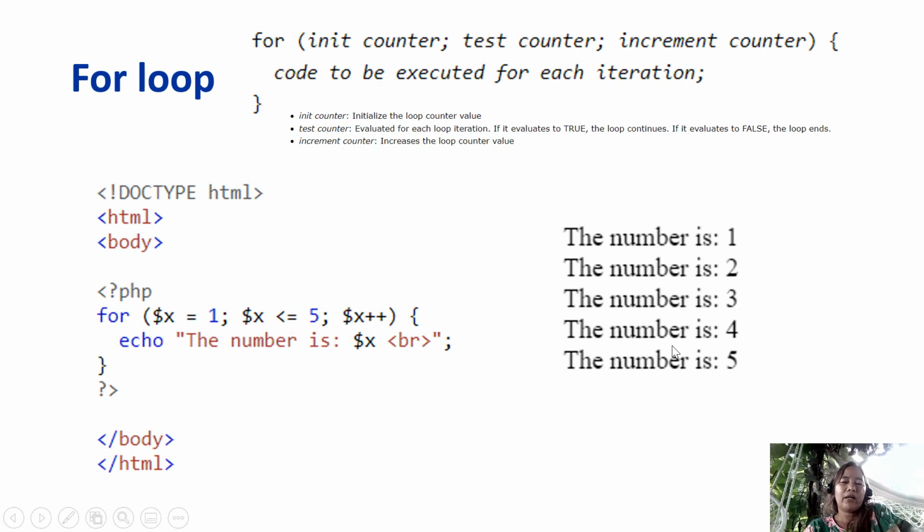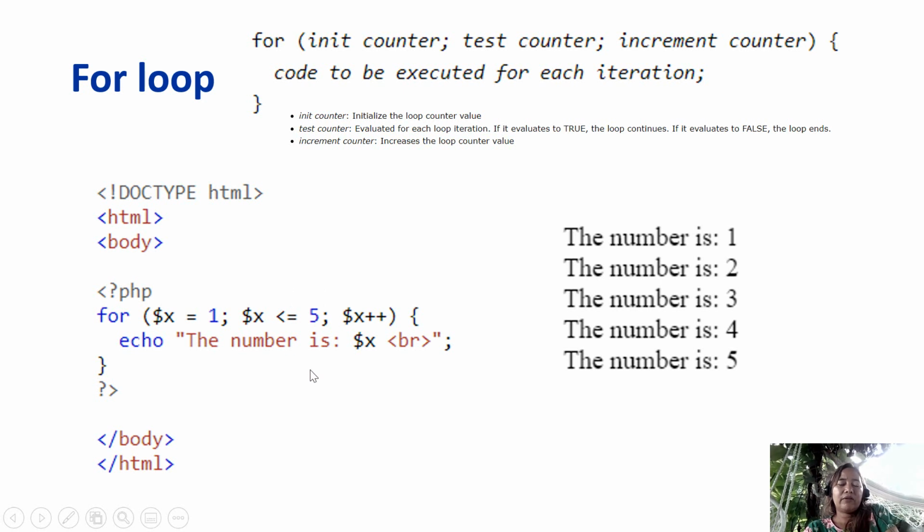The number is 4 is displayed on your screen, and then you increase the value of x by 1, it becomes 5. Since you say less than or equal to 5, it's still true, so it will display the number is 5, and then it will increment the value of x by 1, it becomes 6. 6 is not less than or equal to 5, so that makes the statement false.